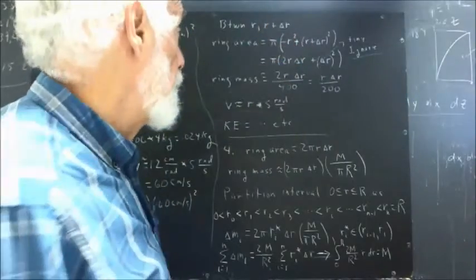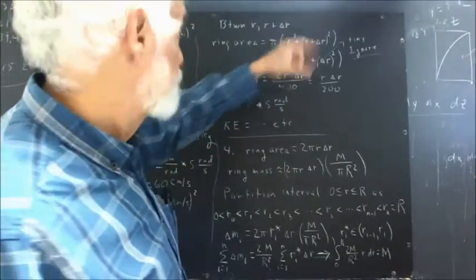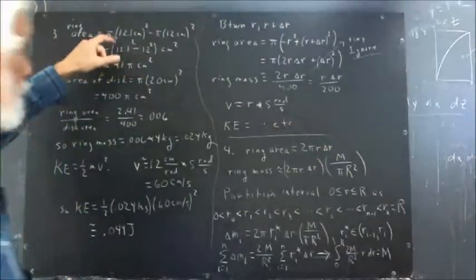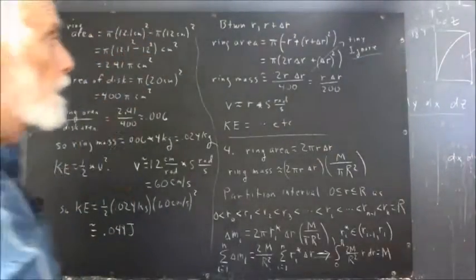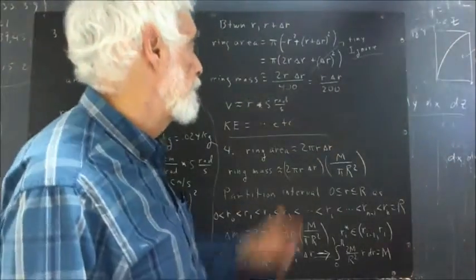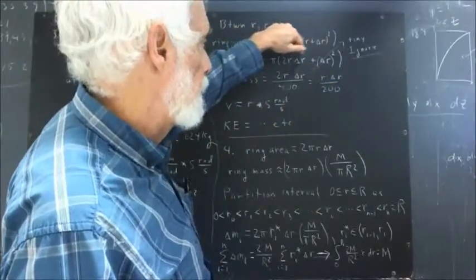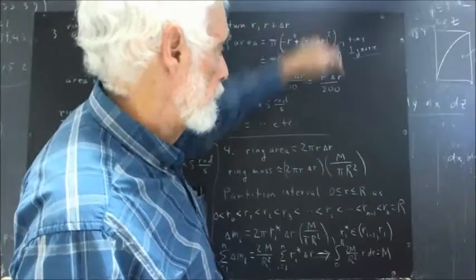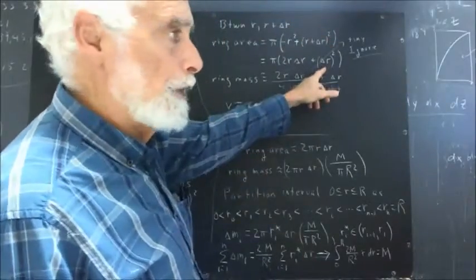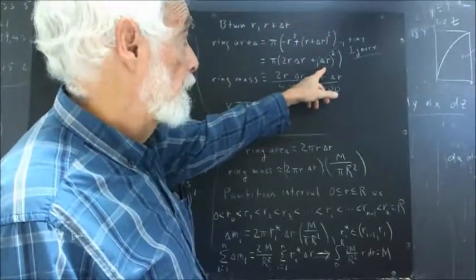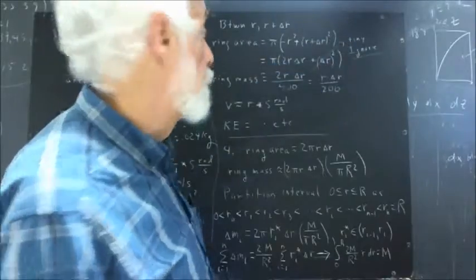You can see how that works, same thing we did here. And then if we simplify that, we get pi times 2r delta r plus the square of delta r. Now, if delta r is small, then delta r squared is tiny, and we're going to ignore it.